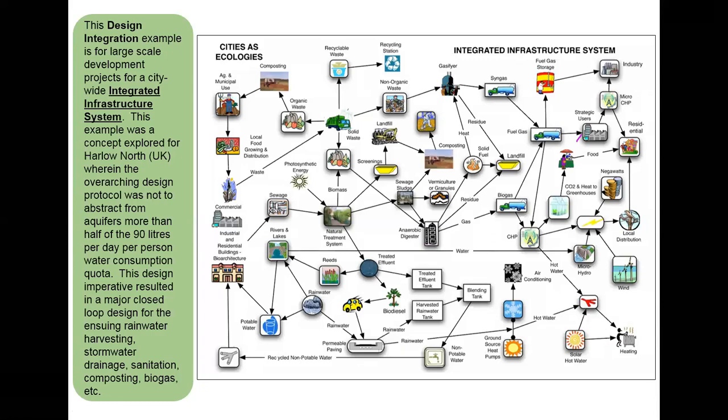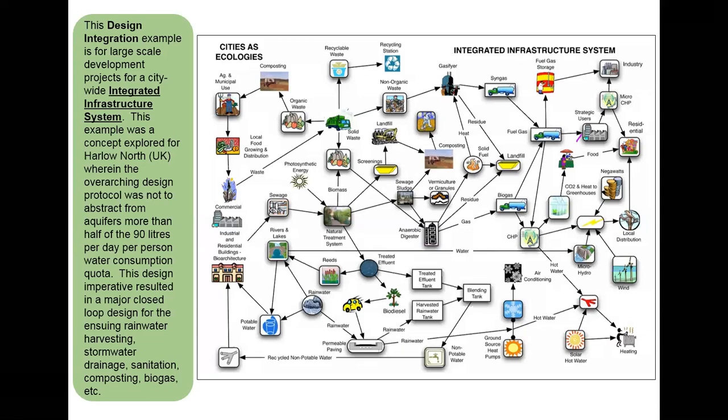So basically, this is a reminder from the second session that a lot of the built environment revolves around water and sanitation. We need to embed these ecological approaches in the building fabric. And Harlow North did exactly that in this holistic design for an integrated approach to the infrastructure system.